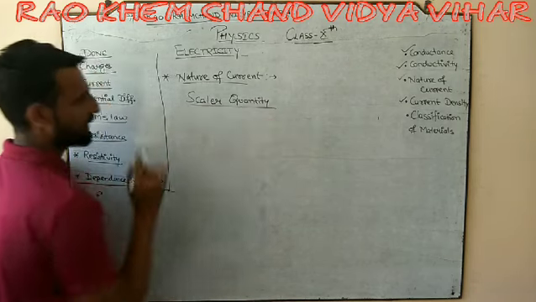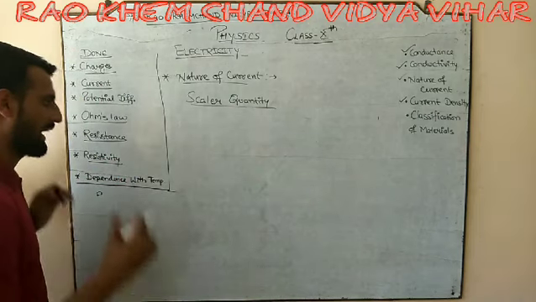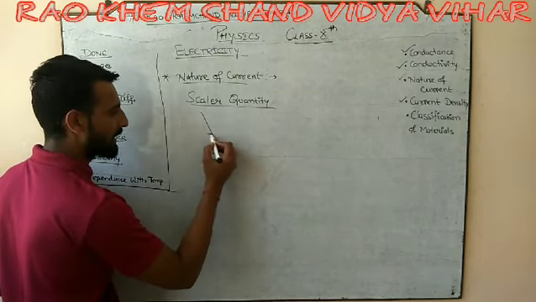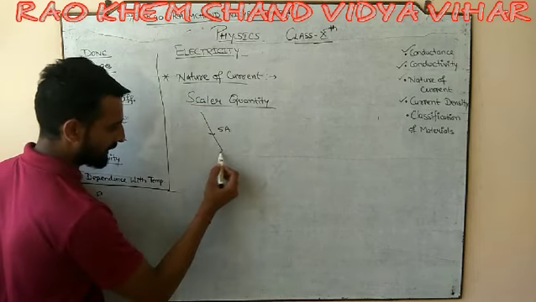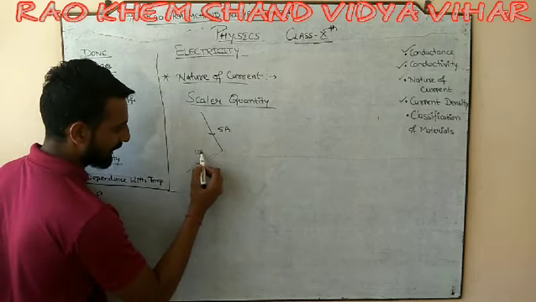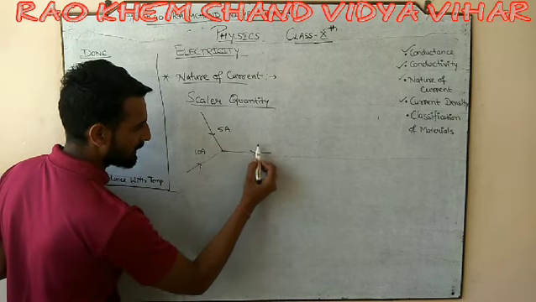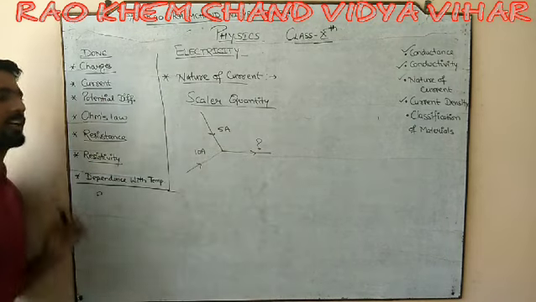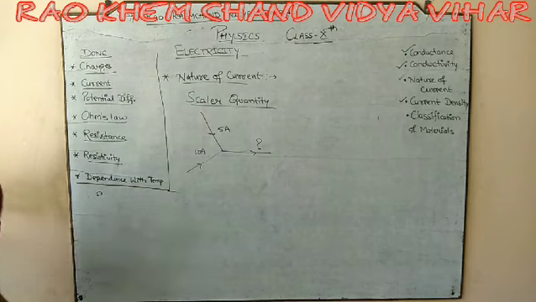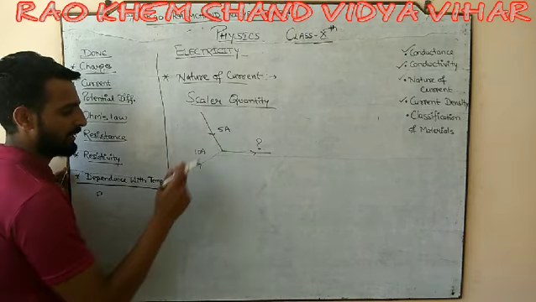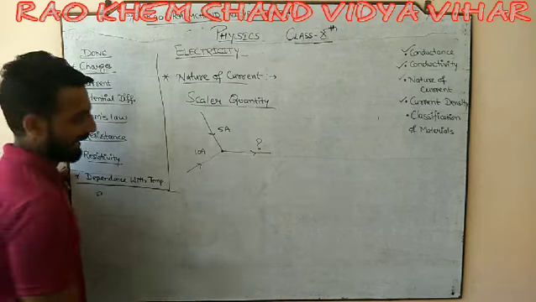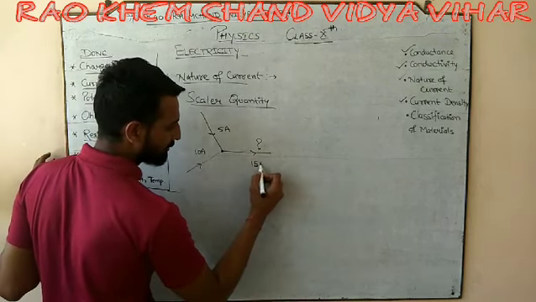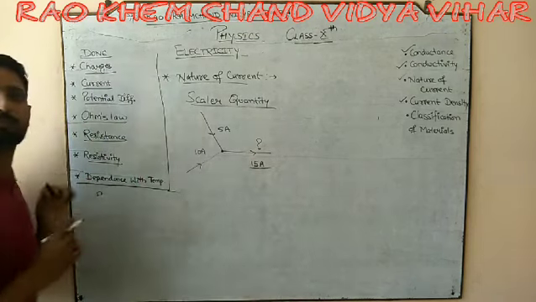So current is always a scalar quantity. Why? Let's suppose we have a wire which carries 5 ampere current. We have another wire which carries 10 ampere current. Can you tell me what is the current through this wire, this side? If 5 ampere is coming from here, if 10 ampere is coming from here, what should be the current here? And the answer that you will definitely give is 15 ampere.